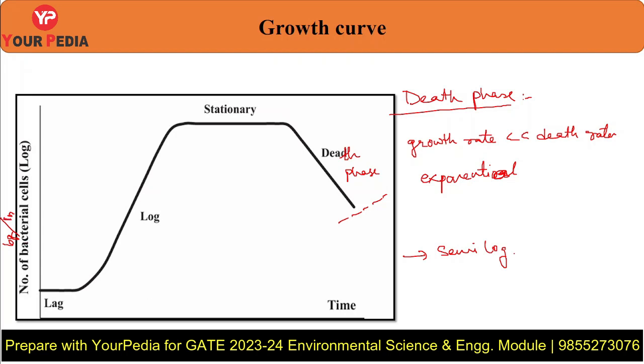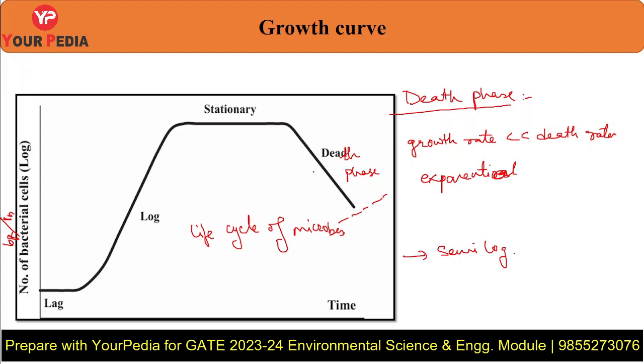And on the x-axis, we have time duration, time taken to complete this whole life cycle of the microbe. The growth curve is nothing but the life cycle analysis of the microbe. So microbes first enter the lag phase, then they grow and enter the log phase, then they enter the stationary phase, and then the death phase.